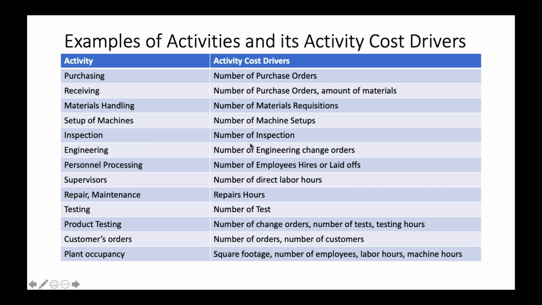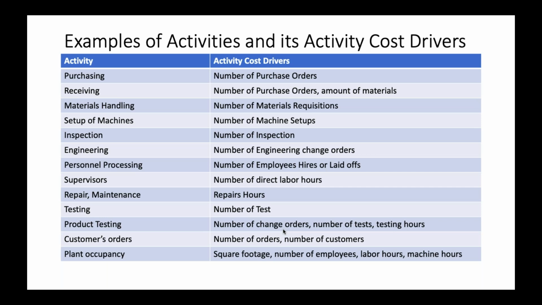Inspection, number of inspections. Engineering, number of engineering change orders. Personnel processing, number of employees hired or laid off. Supervisors, number of direct labor hours. Repairs and maintenance, repair hours. Testing, number of tests. Product testing, number of change orders, number of testing hours.